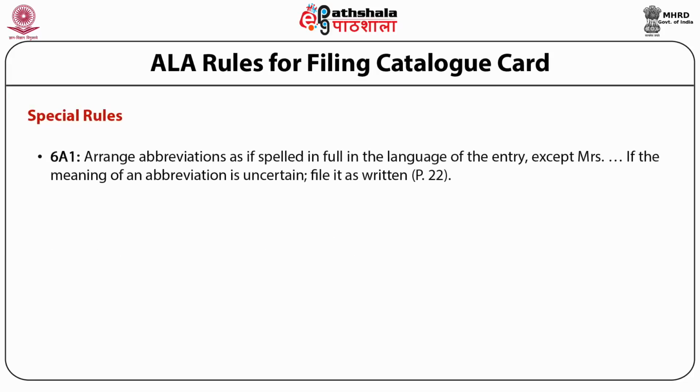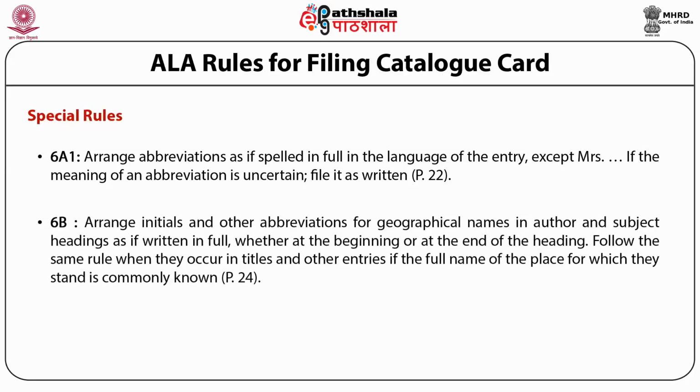Rule number 6A1. Arrange abbreviations as if spelled in full in the language of the entry, except Mrs. If the meaning of an abbreviation is uncertain, file it as written. Page 22. Rule number 6B.